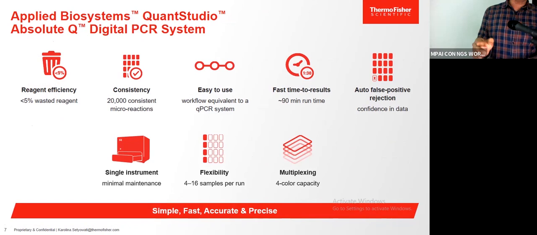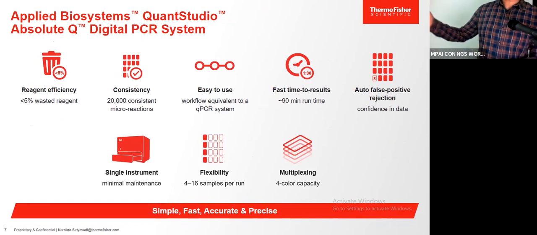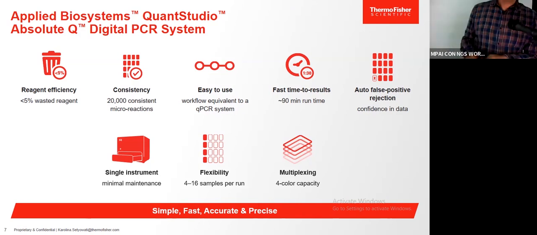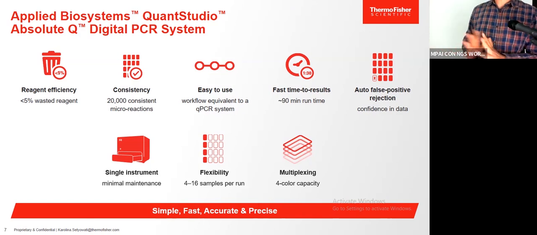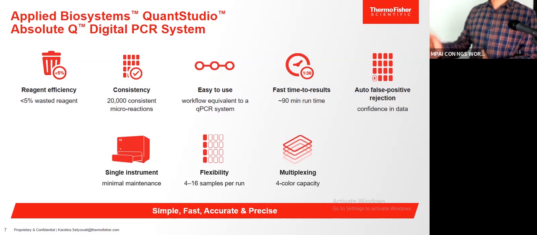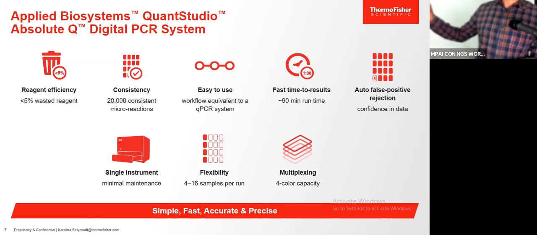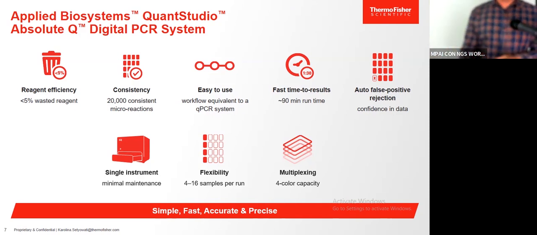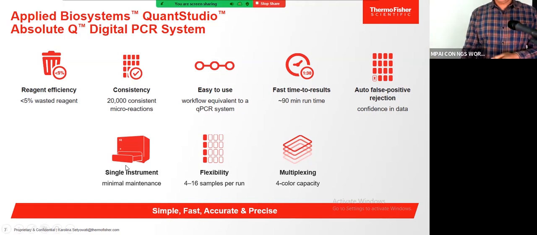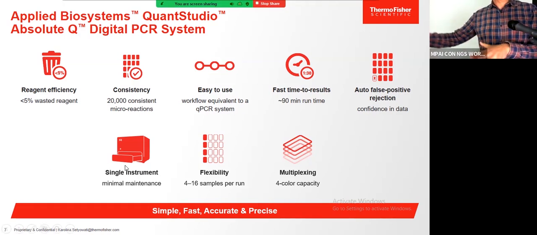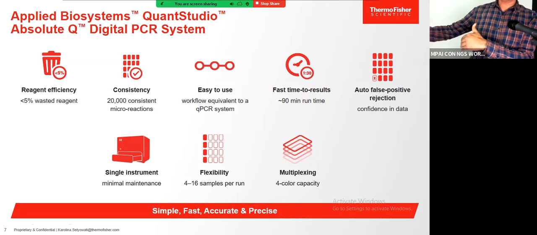In terms of consistency, you get 20,000 microchambers, so you don't need to repeat samples because samples are precious. It's easy to use, as simple as qPCR, with less than 5 minutes of hands-on time. It takes 90 minutes and is a fully automated, single-instrument platform that does everything. It's a walk-away operation. You just start the run, go do something else, and come back after 90 minutes, with the fastest time to results.